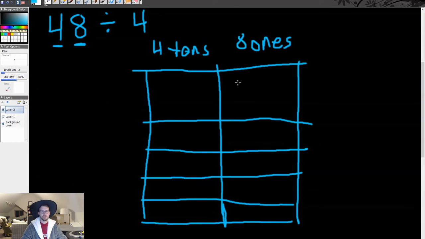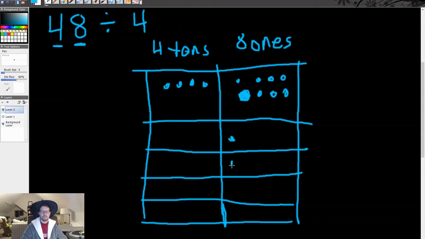Next step is to draw our chips. 1, 2, 3, 4, 5, 6, 7, 8 ones, and 1, 2, 3, 4 tens. Starting with our ones here, this is supposed to be just 1 chip. It's kind of a mega chip. That's okay. We're going to do the same thing.